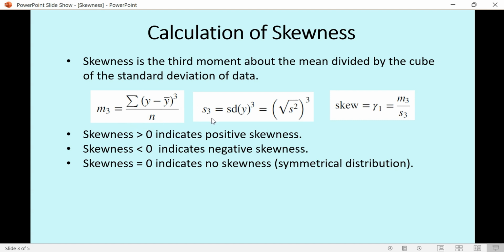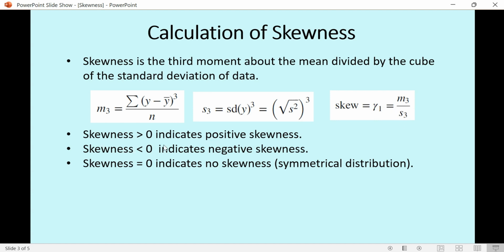And S3 is the standard deviation, S, cubed. S squared is the variance, so we take the square root, then cube it. The skewness is then the division of these two parts: gamma 1 is M3 divided by S3.